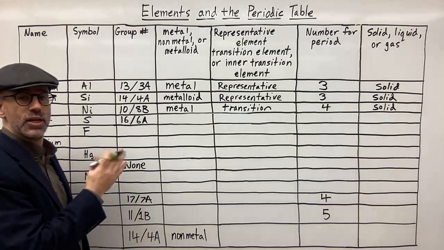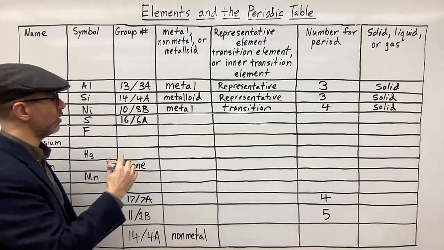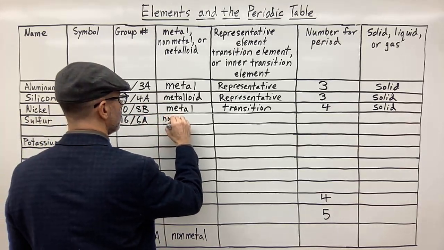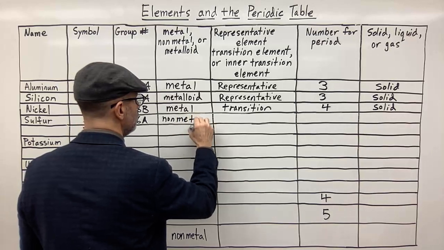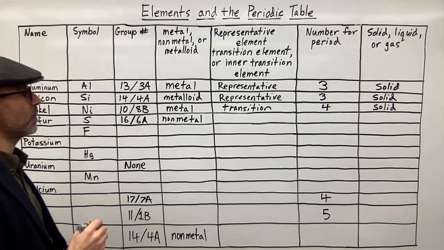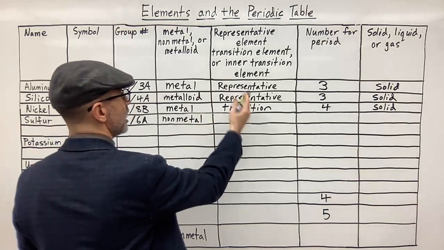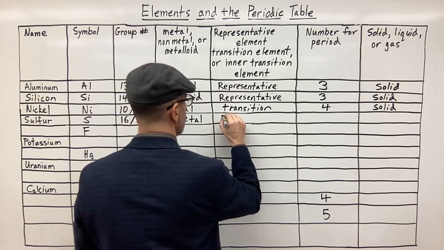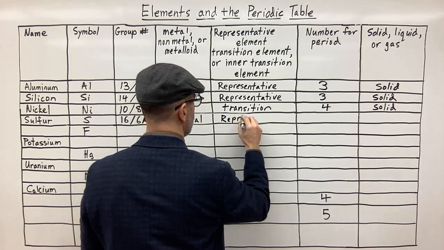Sulfur's on the right side of the metalloids, so it's a non-metal. It's a representative element, right? Because it's got an A group.